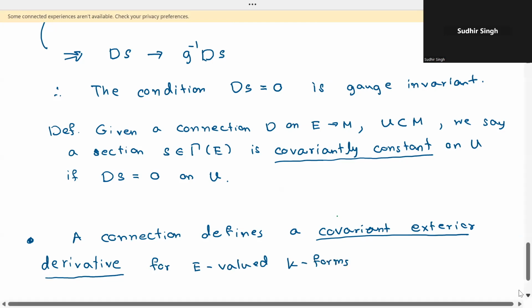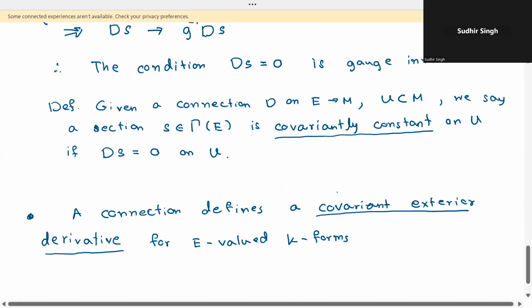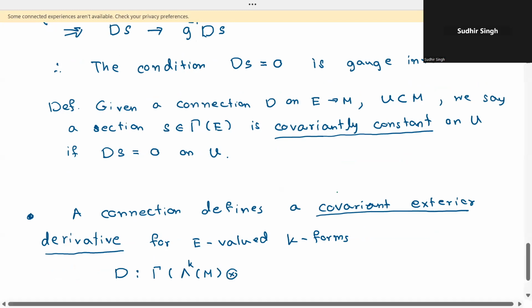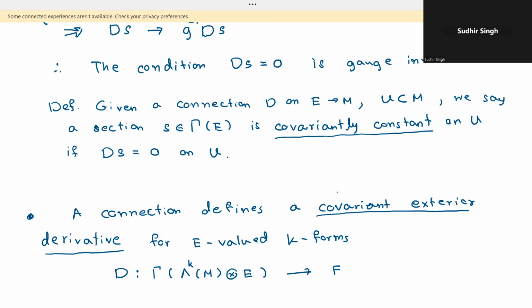And this operator will map an E-valued k-form, which is a section of this bundle, to an E-valued k plus 1 form.